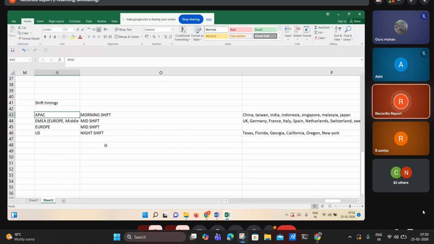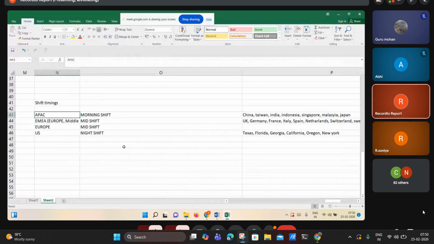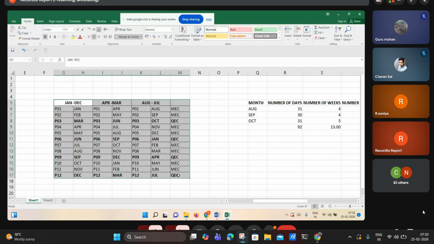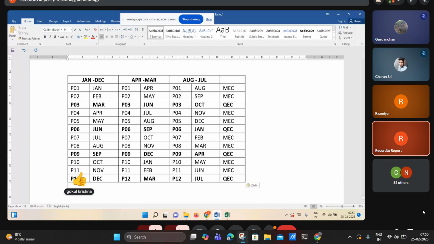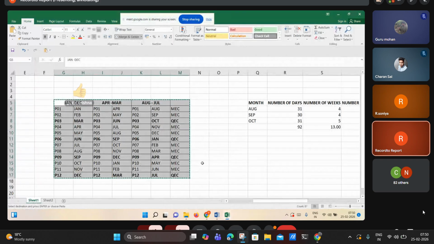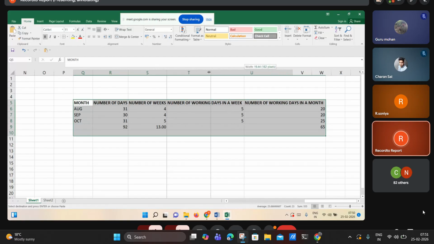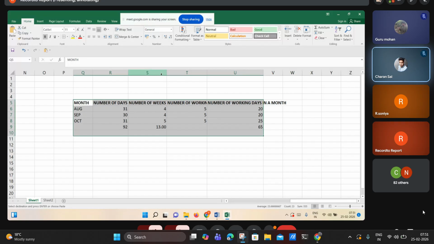So this is about the day-to-day work activities and the different set of activities we need to perform in real time, guys. Clear? Any doubts in that?